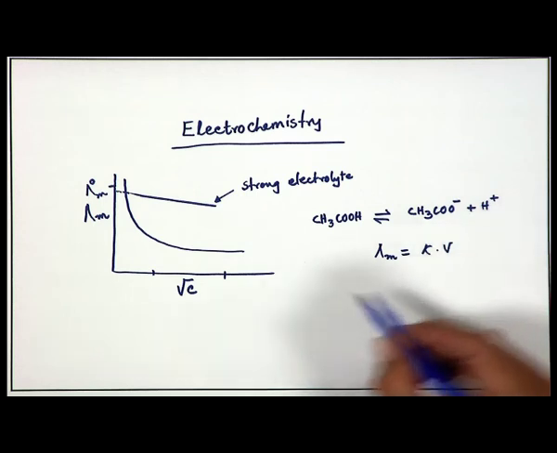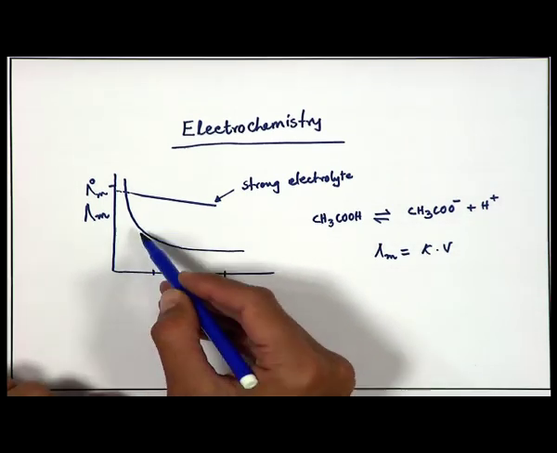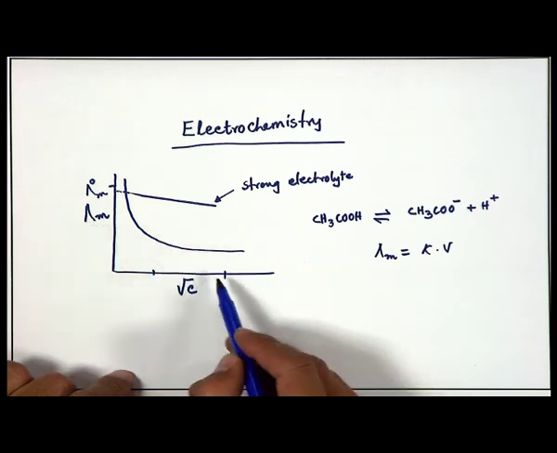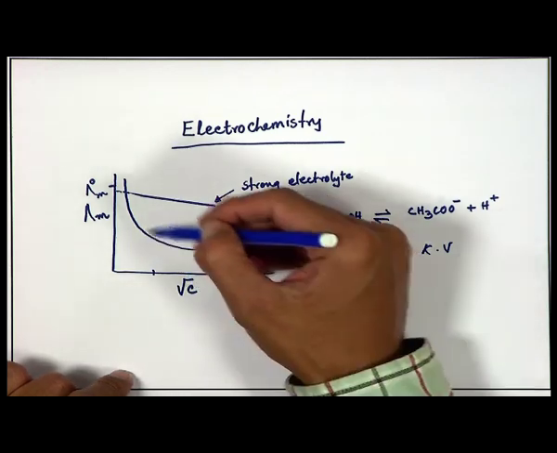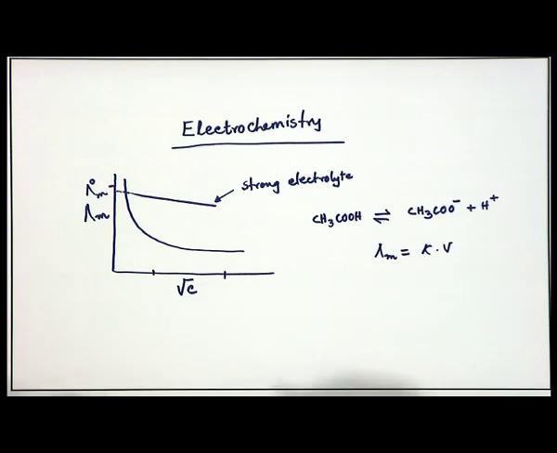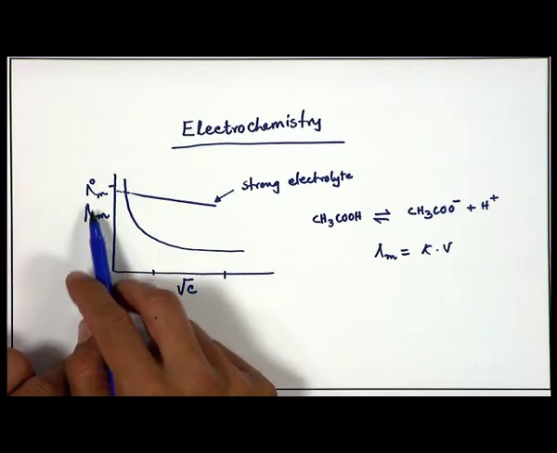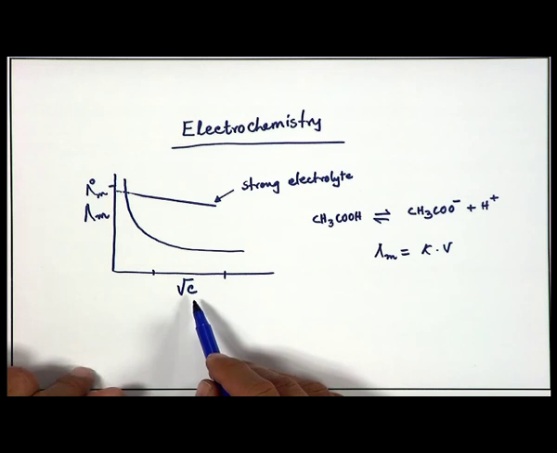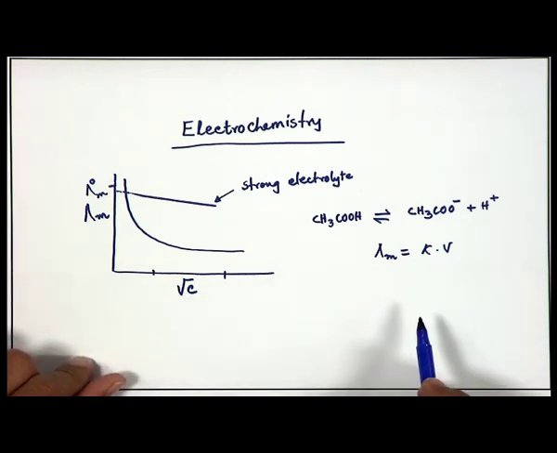That is why lambda m keeps on increasing as a function of dilution, but it does not follow a linear trend, rather a non-linear curve like this is followed. Therefore, direct extrapolation of this lambda versus square root of c expression is not good enough to find out the lambda m 0, that is the limiting molar conductance value for weak electrolyte.